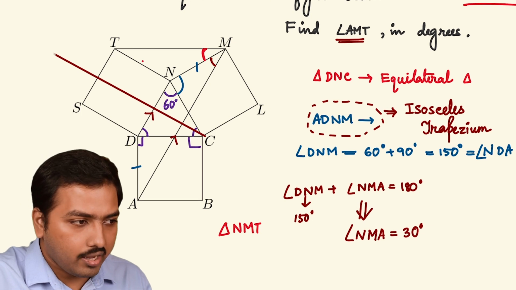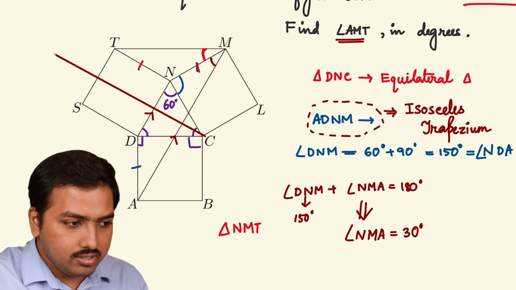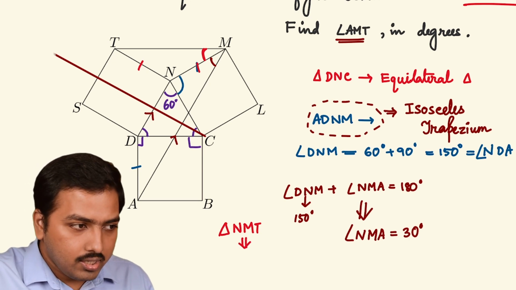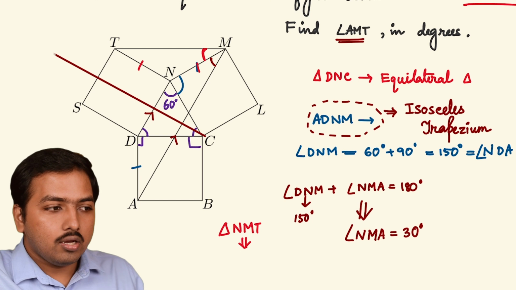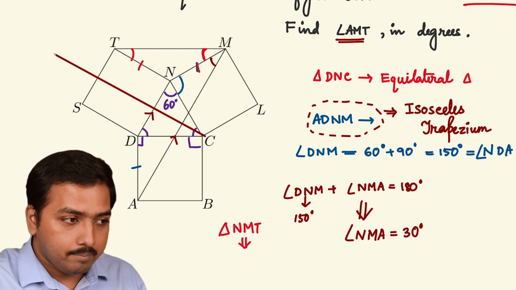That means this side is equal to this one. That indicates this is an isosceles triangle, which means the angles opposite the equal sides are equal as well.